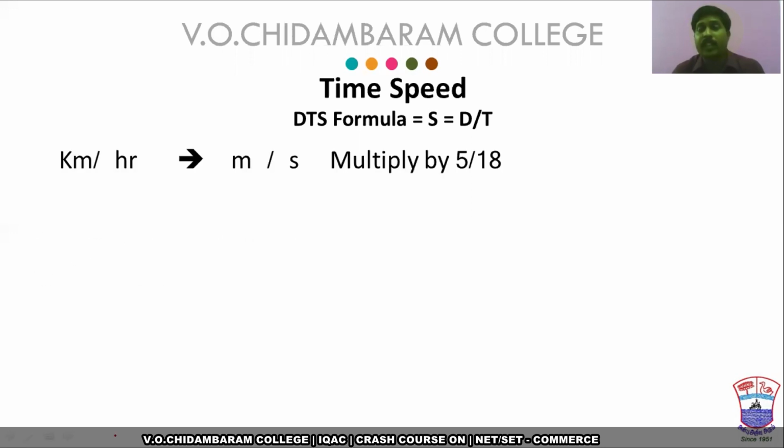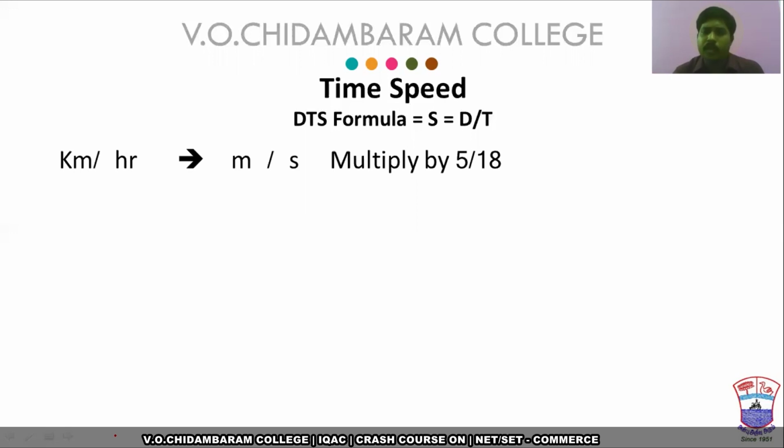So we have already seen the DTS formula. First we have to know the conversion between kilometer per hour and meter per second, because normally the questions are complicated by using both units in a single question.